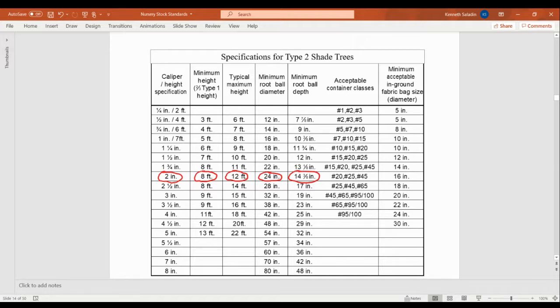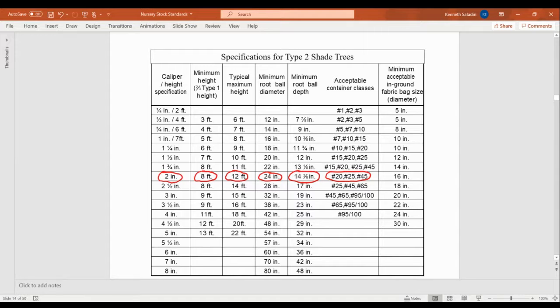Okay, this table is also telling us that if we're growing the tree in a container, that a 2-inch tree should be in a number 20, a number 25, or a number 45 container. So those are really big containers.